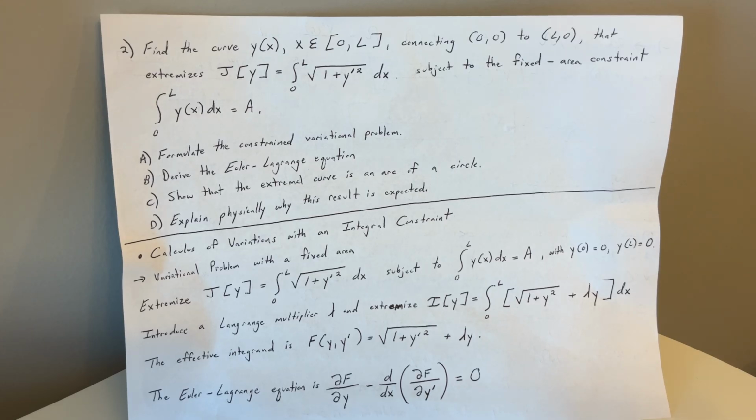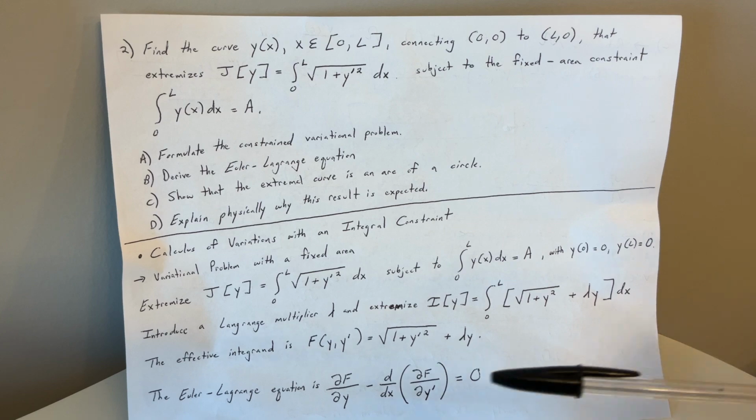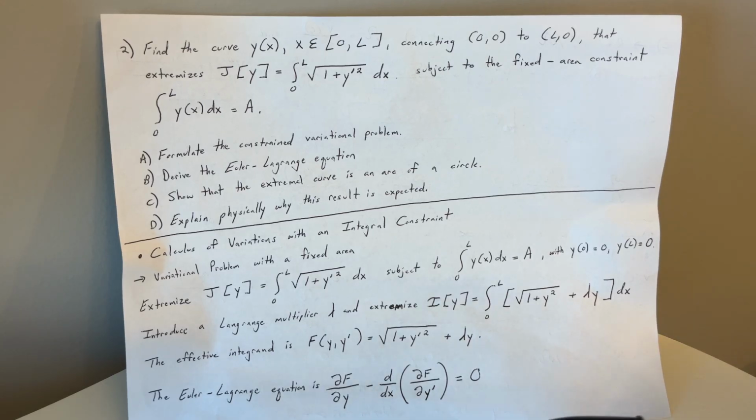So the effective integrand is going to be f of y, y prime equals the square root of 1 plus y prime squared plus lambda y. So our Euler-Lagrange equation is the partial derivative of f with respect to y minus d dx of the partial derivative of f with respect to y prime, equal to 0.